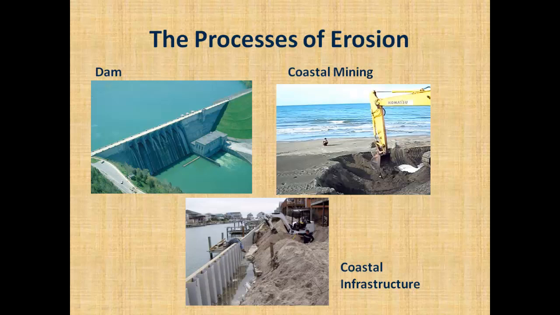You have mining, which you see in the picture there. And then you have river modification, and removal of vegetation. All these cause erosion, which I will talk about in a little while.